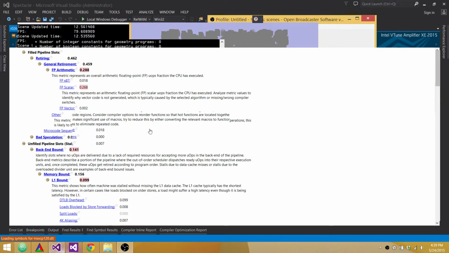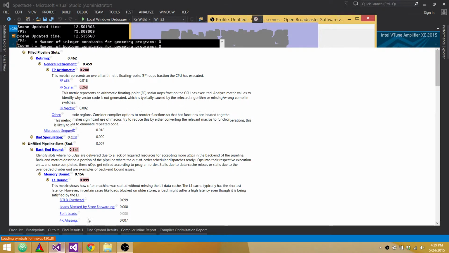One interesting thing that I did notice that I want to point out is, so this is P2's profile, and we're taking a look at the memory level bounds. It's highlighting L1 bound the same way that it is for Gunship, but here it's also highlighting store bound. And in both cases, it's highlighting this DTLB overhead metric. And for both cases, it suggests increasing data locality to improve this result.